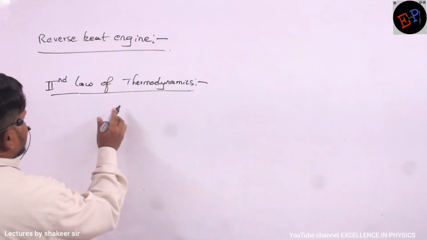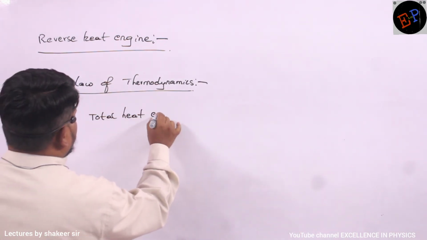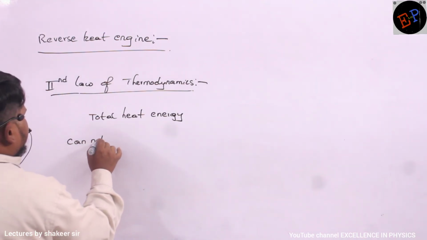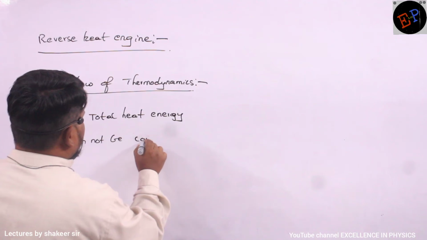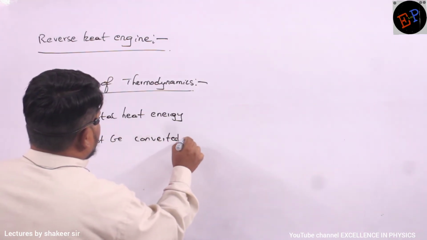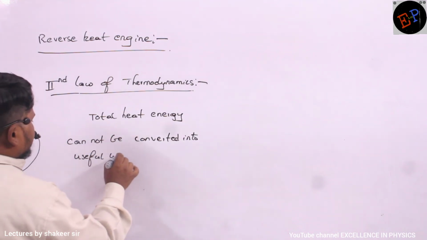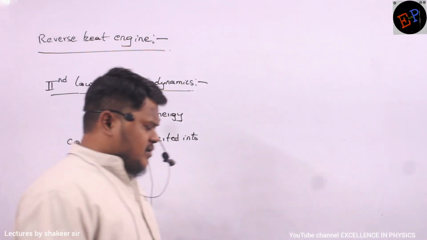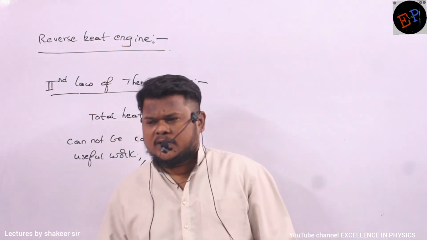Second law of thermodynamics: total heat energy cannot be converted into useful work. This we already studied at the start of the topic. Total heat energy, you cannot convert into useful work.